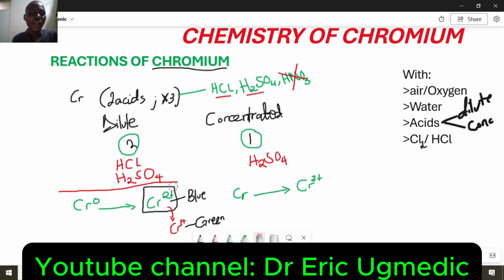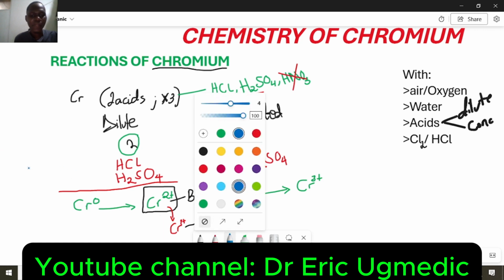Then we can go on and say that the chromium 2 chloride salt formed is rapidly oxidized by the atmospheric oxygen to form chromium 3 chloride. So I'll write the equation here. My space is not enough, but I will try to squeeze it. Let me use a different color.